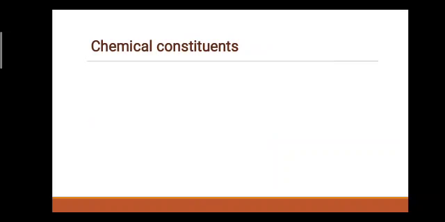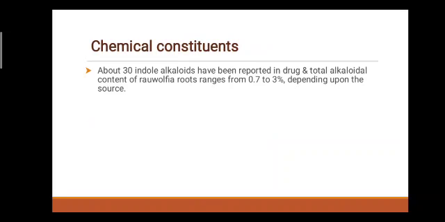Next point, chemical constituents. About 13 indole alkaloids have been reported in the drug, and total alkaloidal content of Rauwolfia roots ranges from 0.7 to 3% depending upon the source. Alkaloids are concentrated mostly in the bark of the roots.